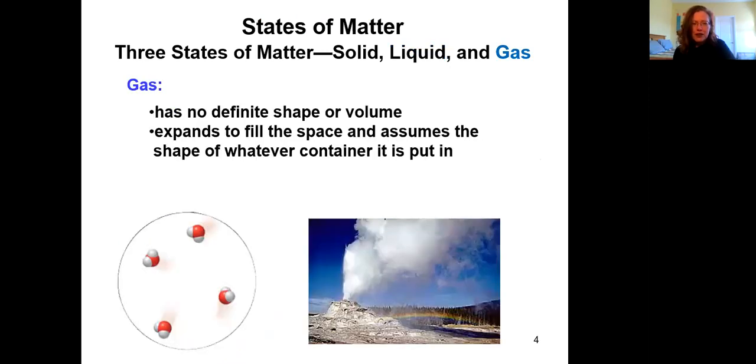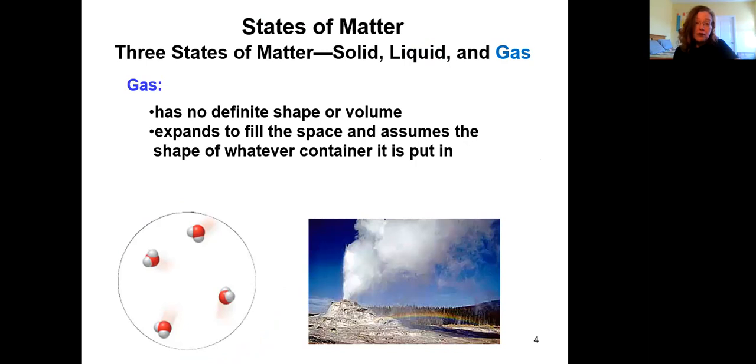And gases. We'll do a lot of extra work with gases later on in the semester. They have no definite shape or volume. They will expand to fill the space and assume the shape of whatever container the gas is put in. So I can have two different amounts of gas and put them in a container, and both of them will fill that container completely.